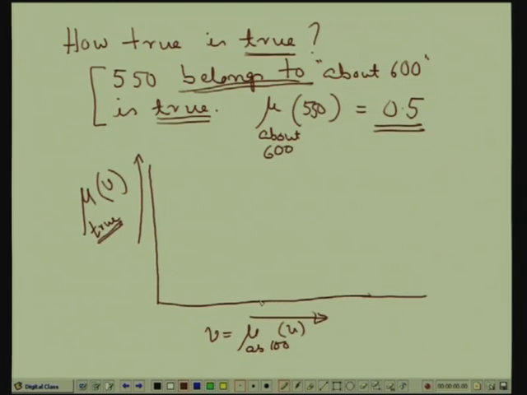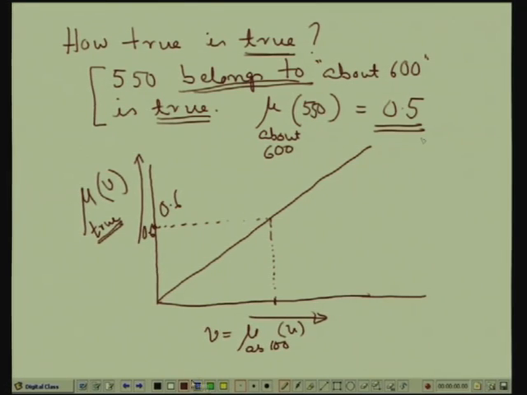Now, this 0.5 was somewhere here. Now, if I define the truth fuzzy set to be something like this, then 0.5 degree of belonging in my notion of truth, this curve is such that it is something like 0.6.